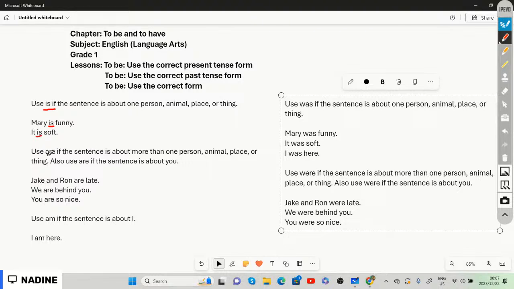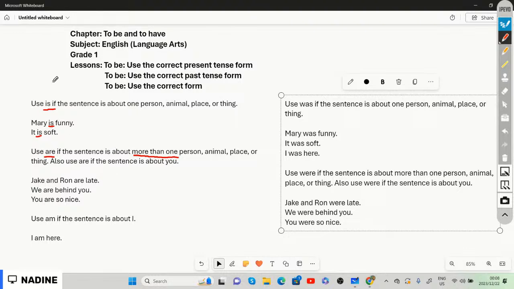So we then use are if the sentence is about more than one person, animal, place, or thing.